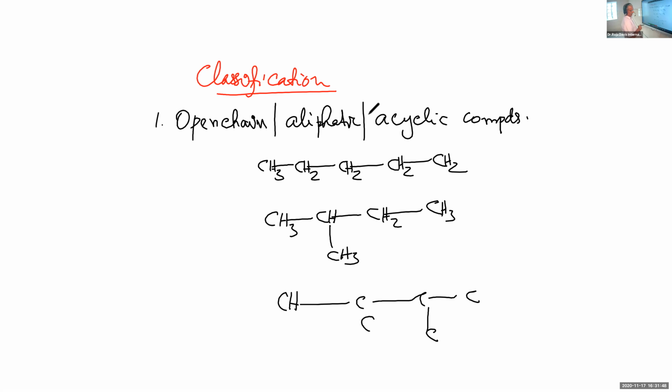Anthony, can you say now? Anthony, you say, how many hydrogens on this carbon? Valency of carbon is equal to 4. One bond is already formed here.